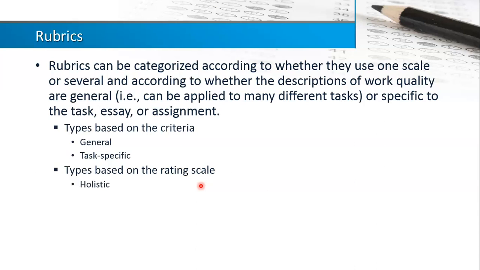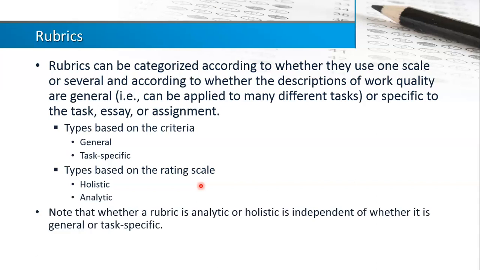What kind of rating scale? Is it a holistic scale or analytic scale? Okay, so you need to understand that whether the rubric is analytic or holistic, it is independent of whether it is general or task specific. So meaning to say, an analytic rubric can be general or task specific. Or a holistic rubric can also be a general holistic rubric or a task specific holistic rubric.